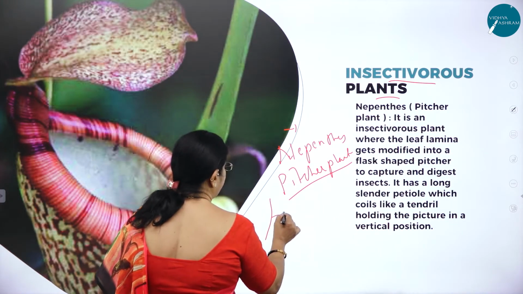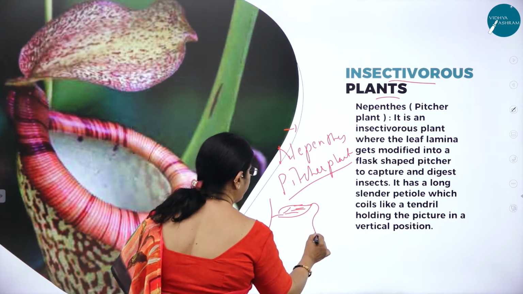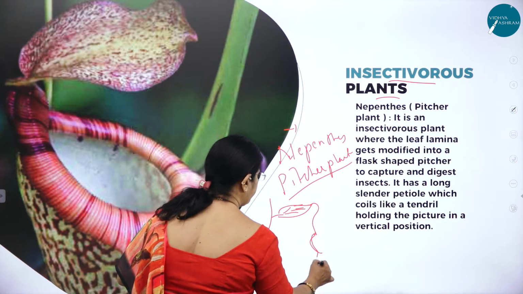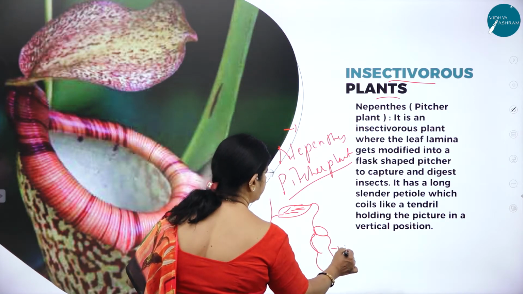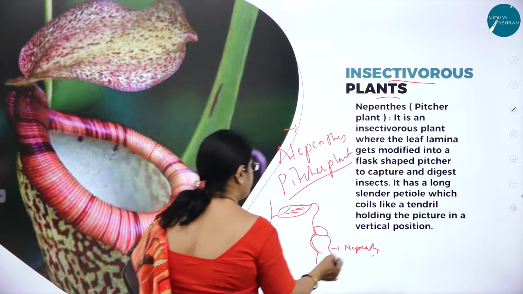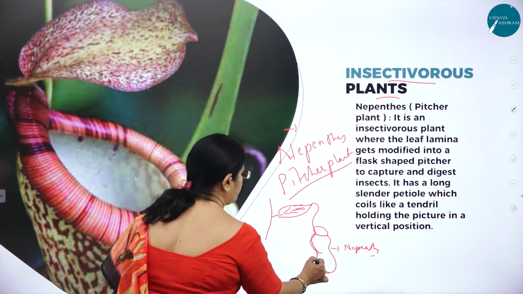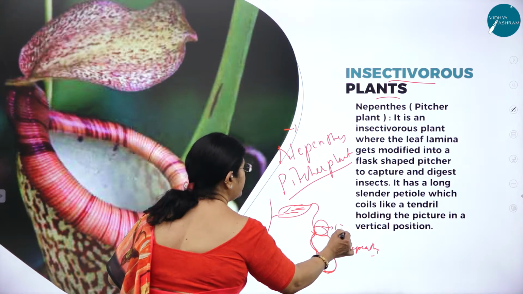Here the tip of the leaf is modified into a, see, this is what is called as pitcher. This is inside Nepenthes. So here you can see it is modified into a pot-like structure, and it is having a lid, and this is called as the lid.